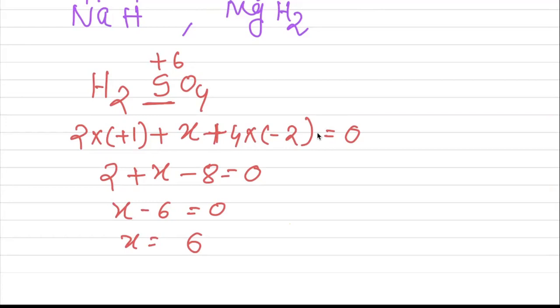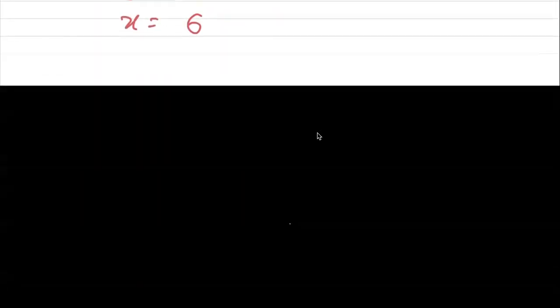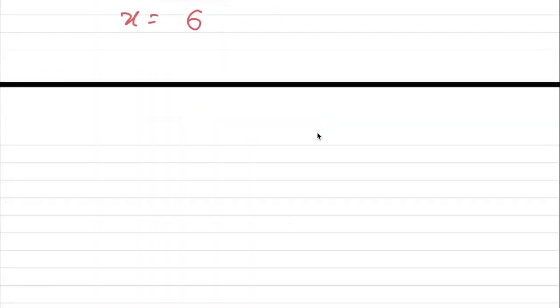Clear? So now you calculate the oxidation number of sulfur again in the case of magnesium sulfate, MgSO4. Magnesium is always +2.